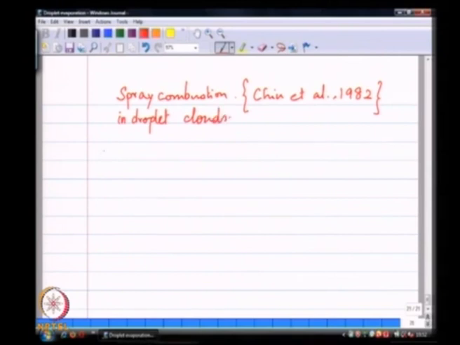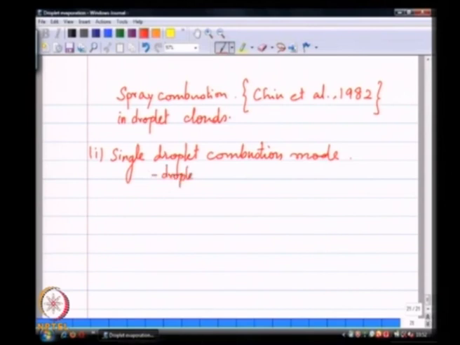The first is essentially what we are familiar with, a single droplet combustion mode, where you have droplets with individual flames.